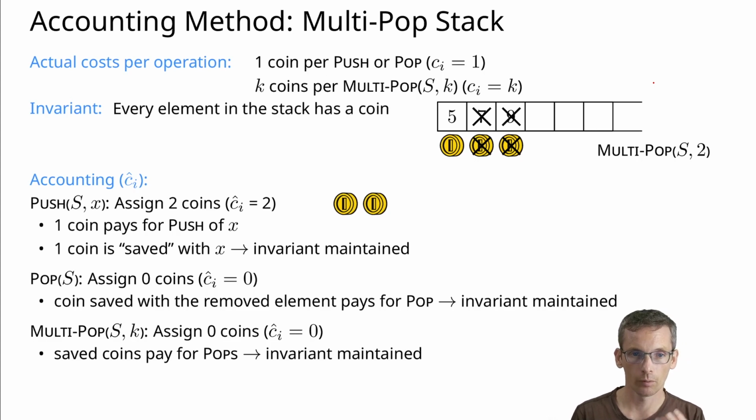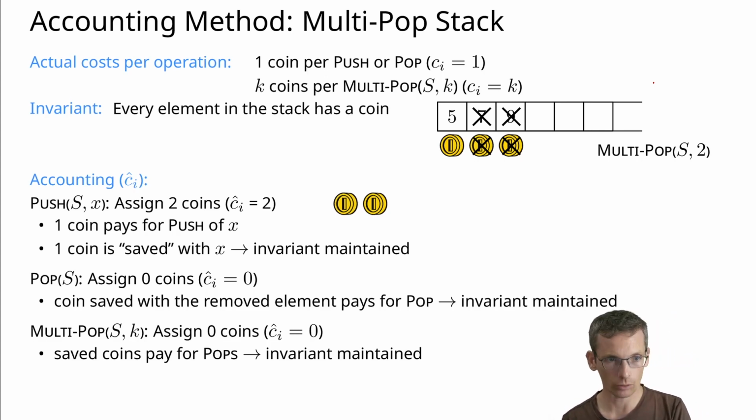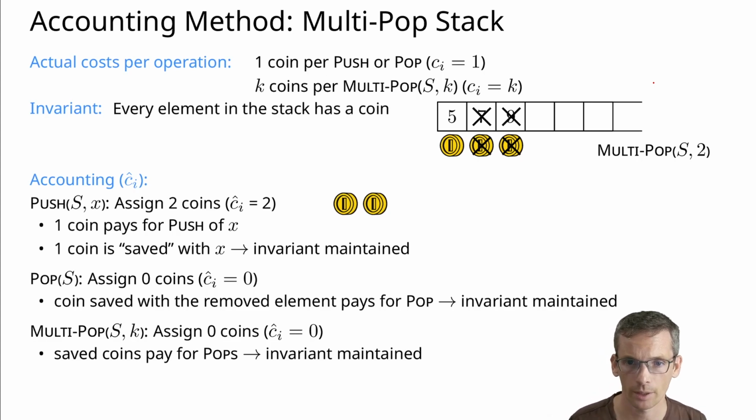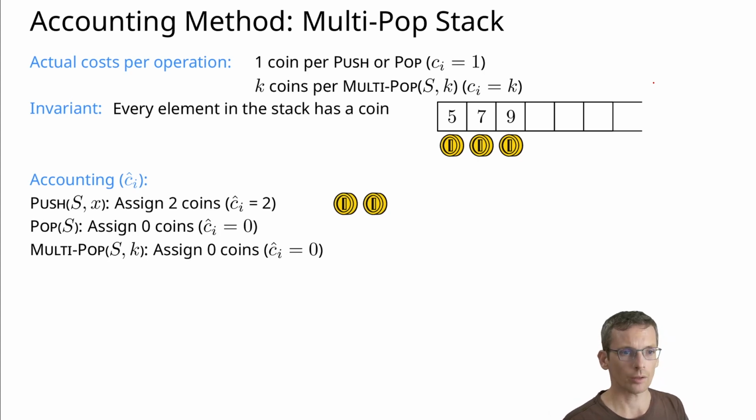So I can use those 2 coins to pay for the actual cost of the multi-pop, and I don't need any additional coins, because I already have the coins that I need. So now we have the three operations, push, pop, and multi-pop.